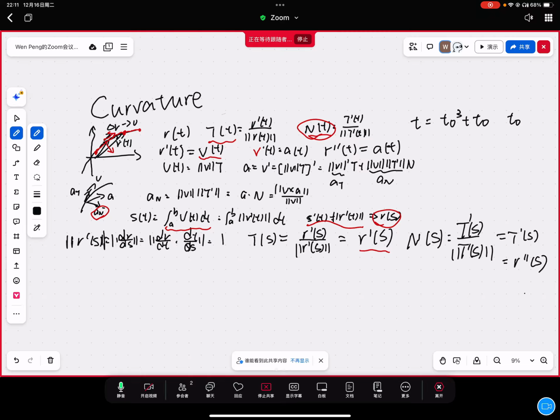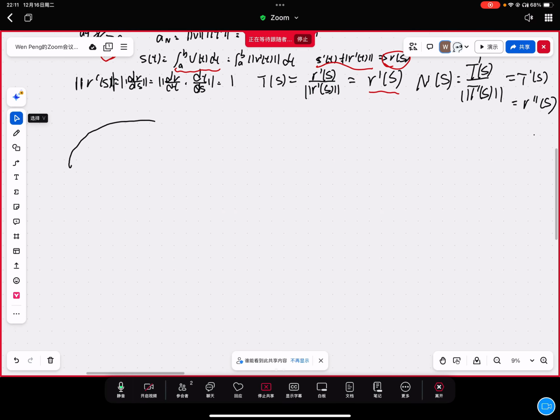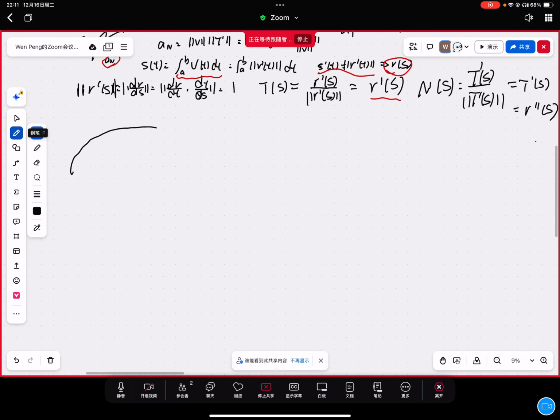Okay, so what do these vectors have to do with the curvature? Let's see this path that the particle is moving on, a random path. It starts from P, which is s naught, let's say, and moves to Q, having different tangent vector according to s.